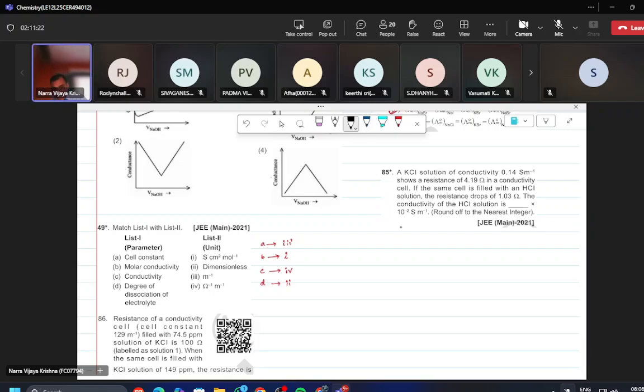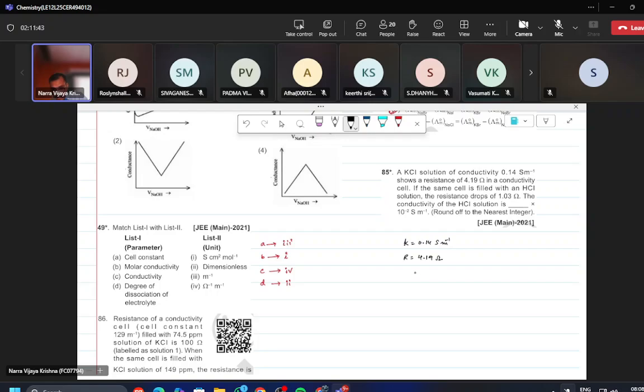See this, what they are saying. The KCl solution has conductivity. Kappa is given as 0.1471 per meter. Resistance R equal to 4.19 ohm. If the same cell is filled with HCl, the resistance drops.